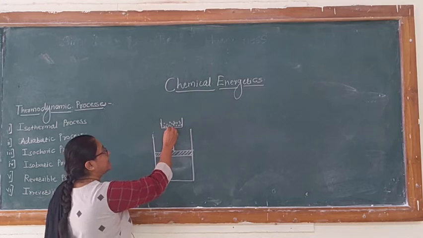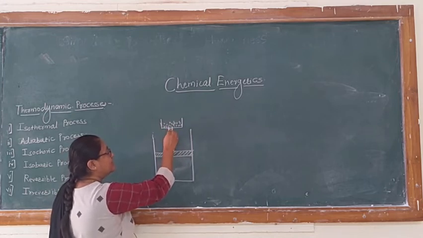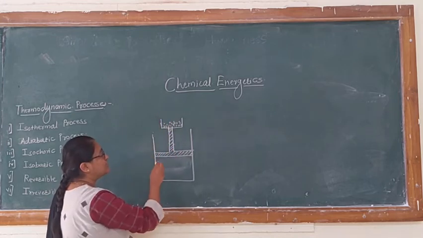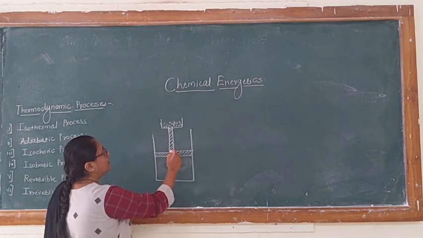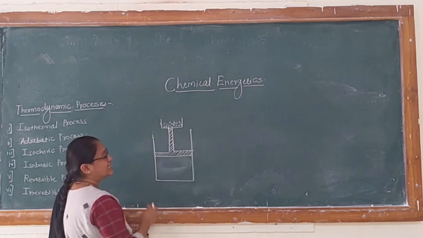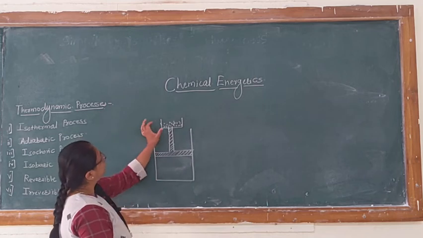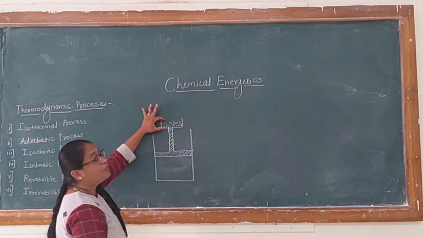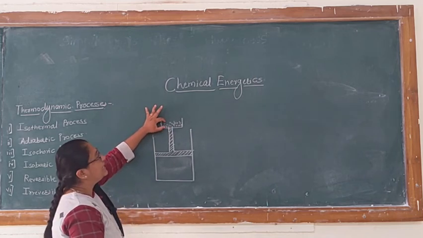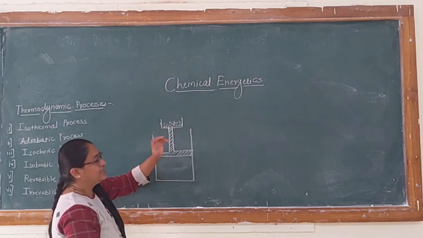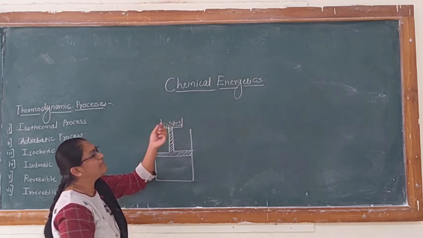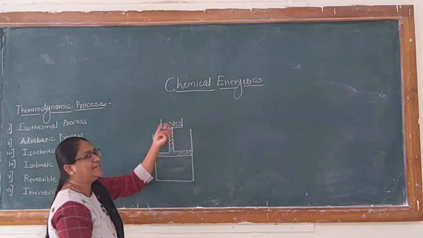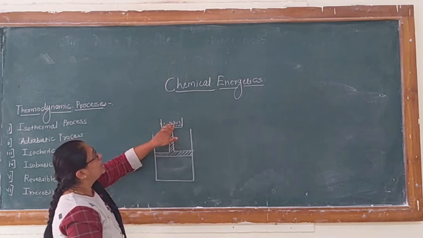Consider now that the piston has moved upward and the gas has expanded. Now we put sand grains in the vessel. We have taken one vessel and kept small grains of sand in it.